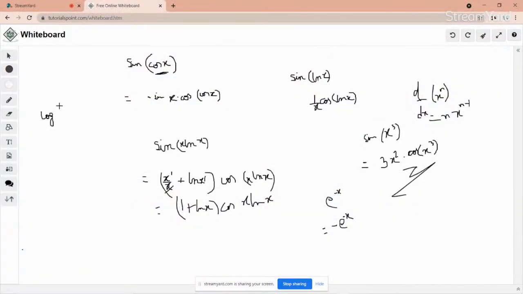Just see this: cos e to the power x. So first you have to solve this one.